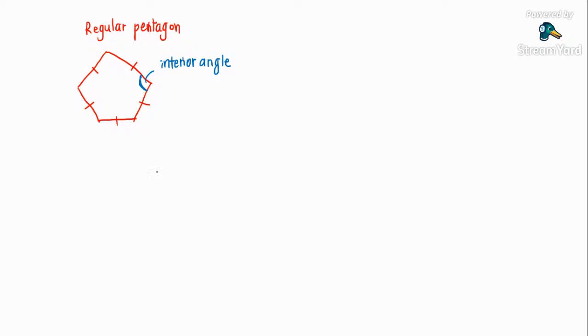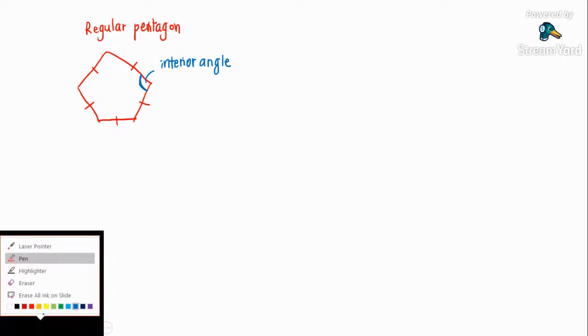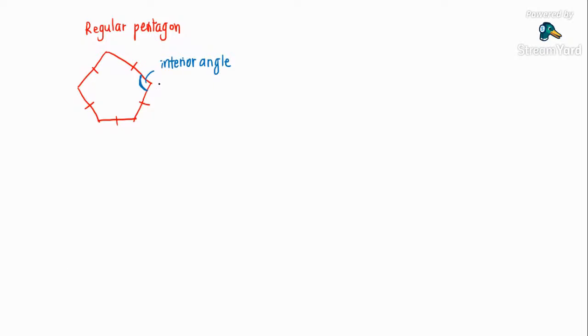If I extend the side like this, I'm drawing a straight line extending the vertex of the polygon, and this angle over here is called the exterior angle. These are the two terms that everyone must understand.